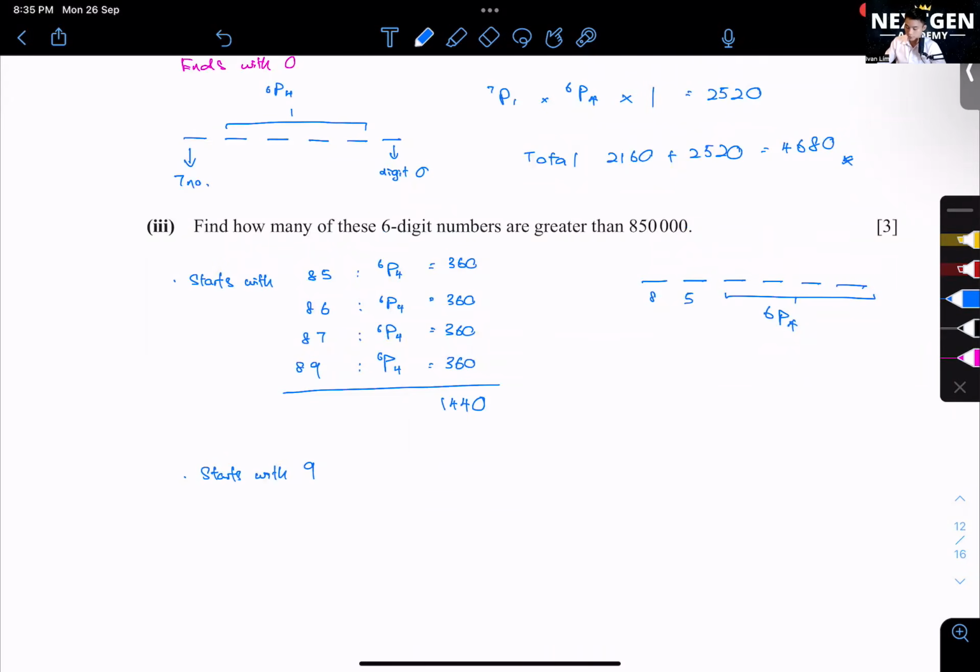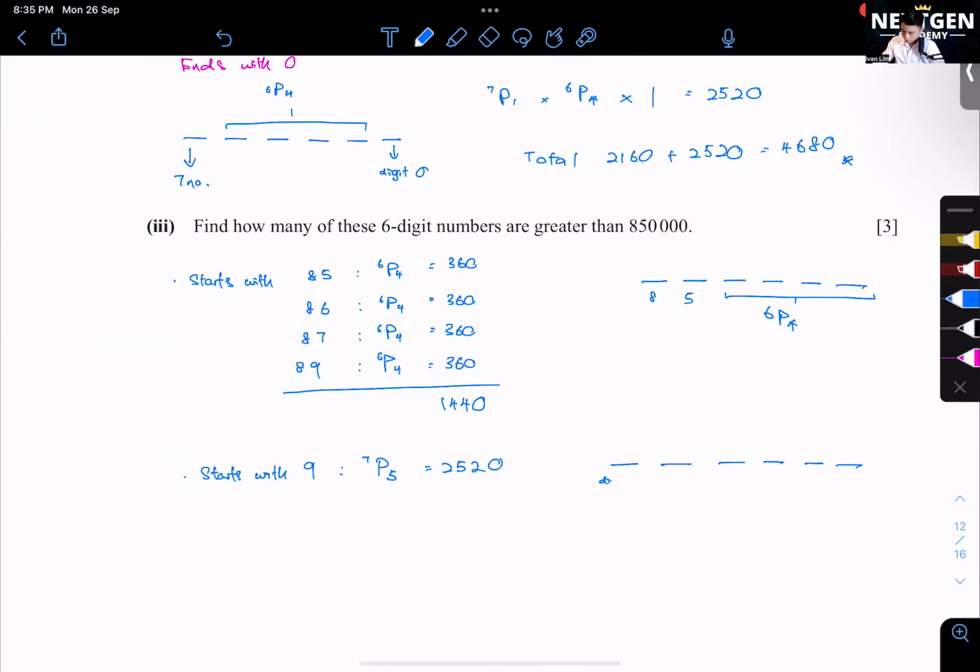It starts with 9, then it will just be 7P5. Okay, type in the calculator, 7P5, you get 2520. Okay, 7P5 because 1, 2, 3, 4, 5, 6.